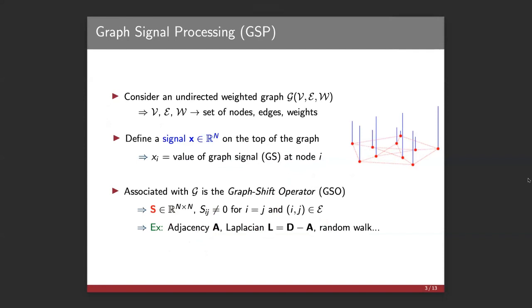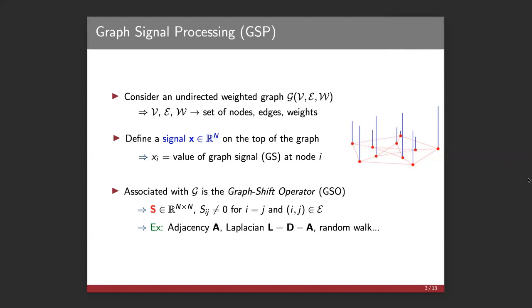We also define graph signals, which are these blue bars representing the signal associated with each of the nodes in the graph. As a representation for the graph, we use the graph shift operator, which can be seen as a square matrix S. The most known examples are the adjacency matrix or the Laplacian.